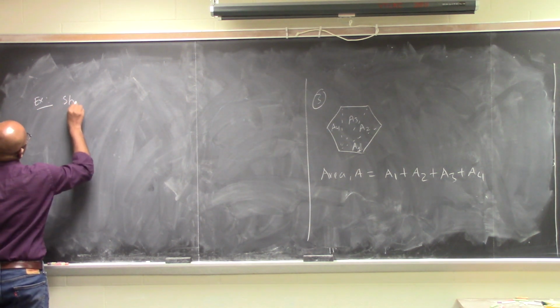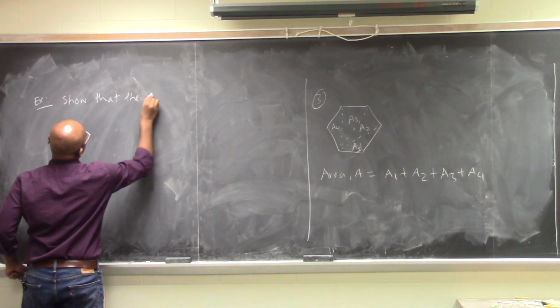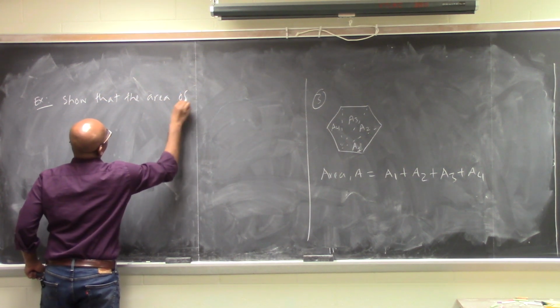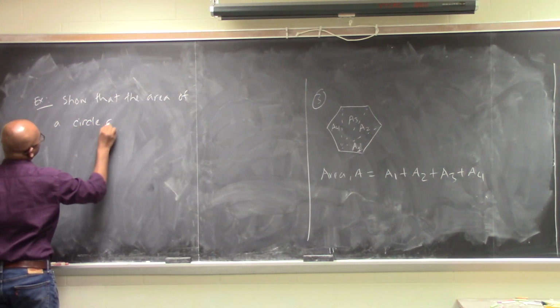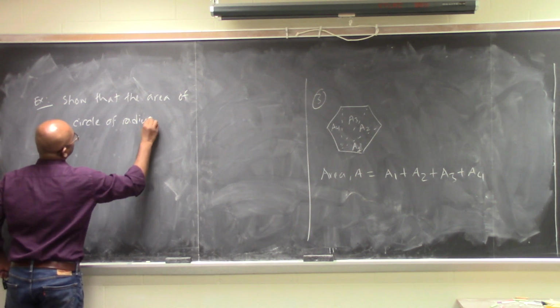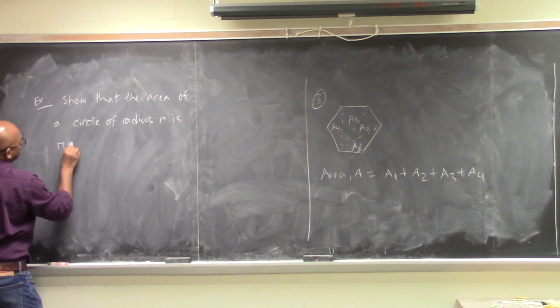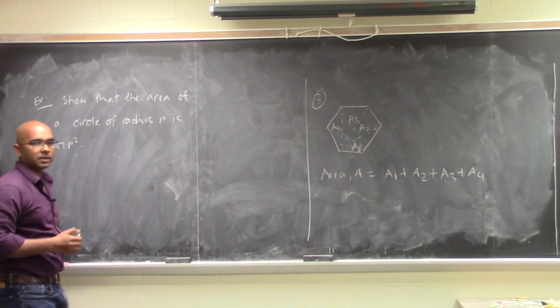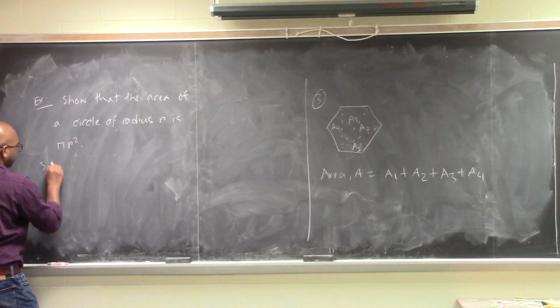Show that the area of a circle of radius r is pi times r square. Okay, now how will we do this thing? We'll do this thing in two steps.